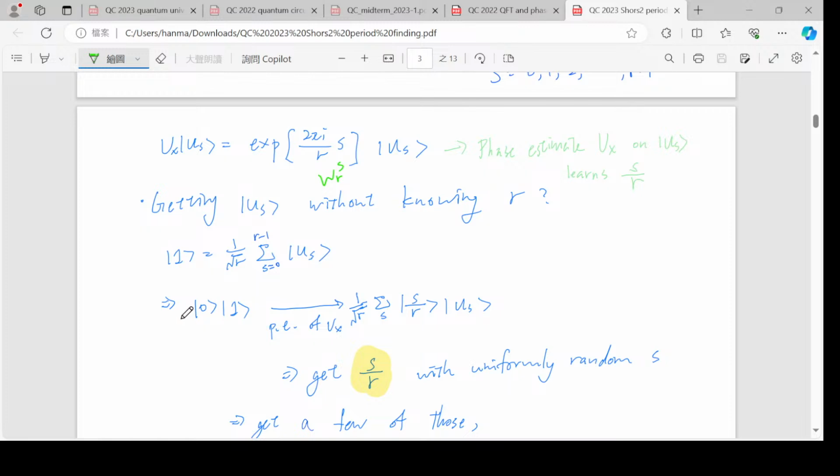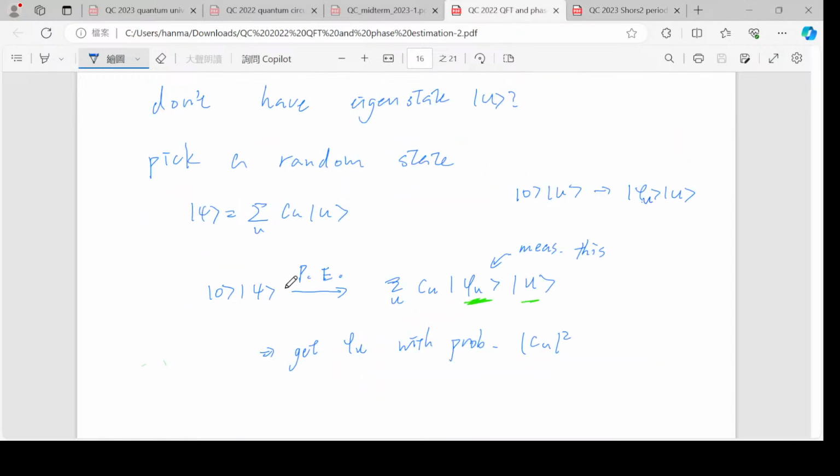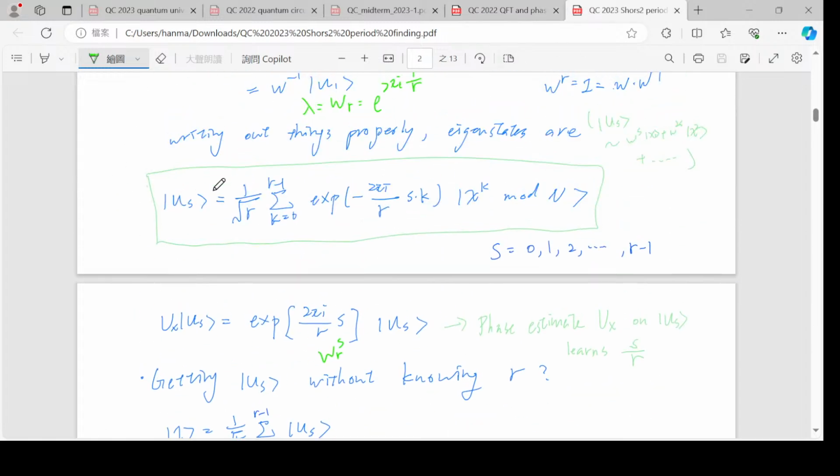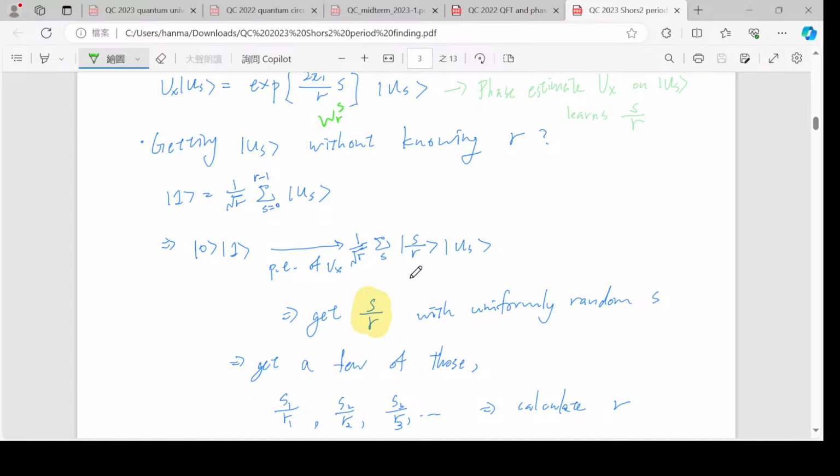And so when you do phase estimation, you use 1 as the state here. 1 is not really any of the eigenvectors, but it's an equal superposition of all those s eigenvectors. And phase estimation is linear, so we will get an equal superposition of all different s and s over r as our phase estimation result.